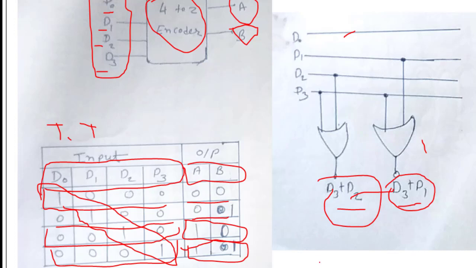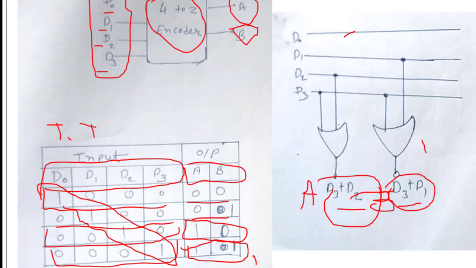For the first instance, D3 plus D2, both are 0, so A is 0. For the second instance, both are 0, so A is 0. In the third instance, it is 1, 0, so it will be 1. And for the next instance, it is 0, 1, so this is equal to 1. This is A and this is B.